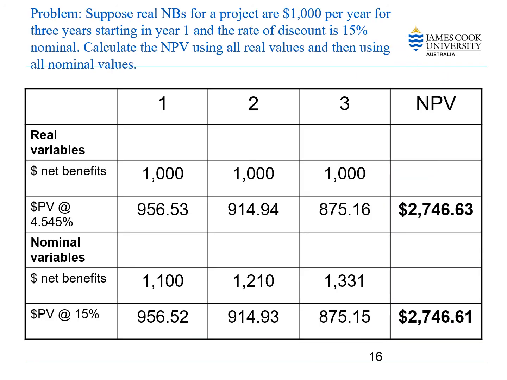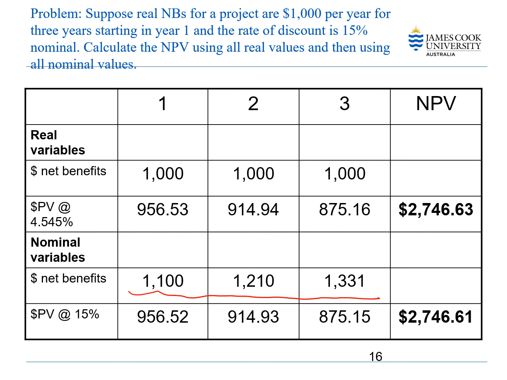Okay, let's keep going. So here's an example of working entirely on real variables, or working entirely on nominals. Suppose a project lasts 3 years, the nominal net benefit of year 1 is 1,100, then 1,210, and so on and so forth.